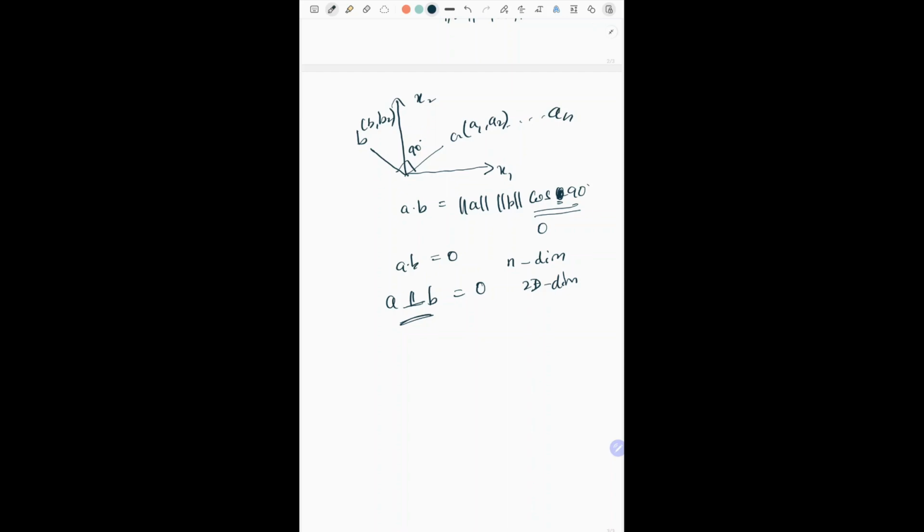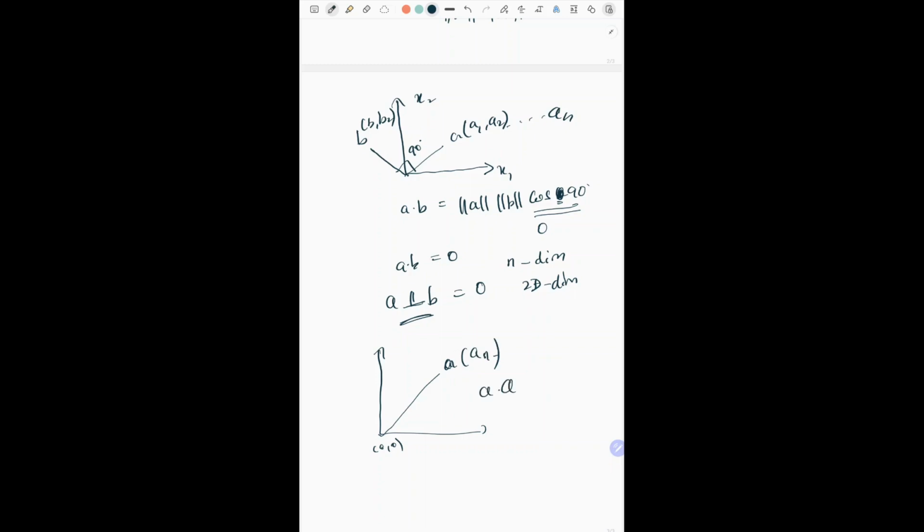What if you have only a single vector? That's a possibility, an edge case, right? So what if you have only a single point from the origin, A? Assume this is A, in some n dimension. What if you have only one vector rather than two or multiple vectors?